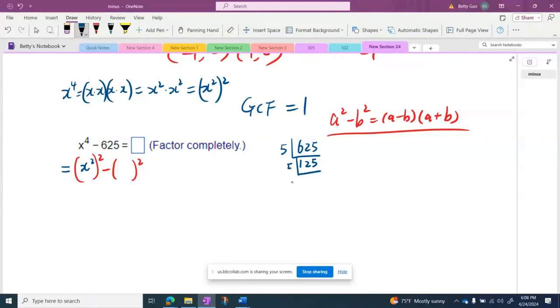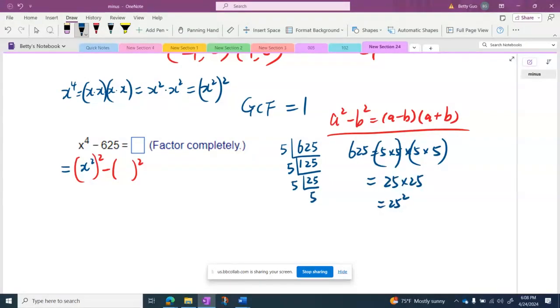And 125 divided by 5, we have 25. 25 divided by 5, we have 5. So using the big L technique, we could analyze any whole number. So 625 is 5 times 5 times 5 times 5. And this together equals 25, this together 25. So it's 25 squared, right?